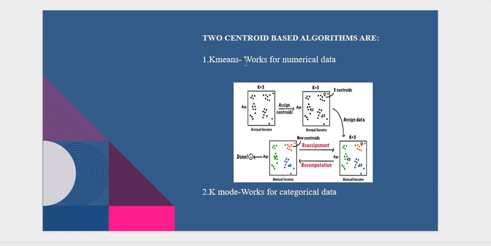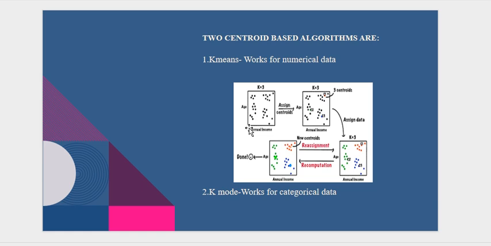In k-means, k is the number of clusters we assign. When the raw data is input, we assume the value of k. Using a few methods we find the value of k, or we ourselves assume it.